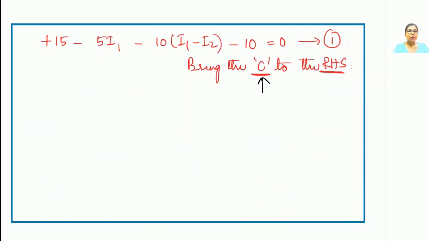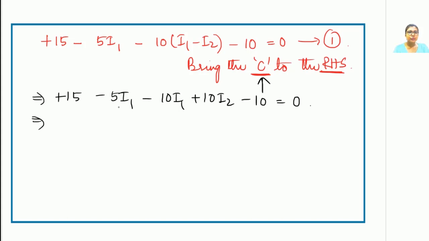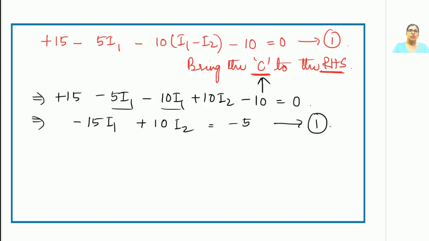So simplify this equation. Please club all the terms that have I1 together. So it becomes minus 15 I1 plus 10 times I2. Take all the constants to the right hand side. So it becomes minus 5. So this is the simplified version of equation 1. Yes, there is one more thing that you have to take into consideration.